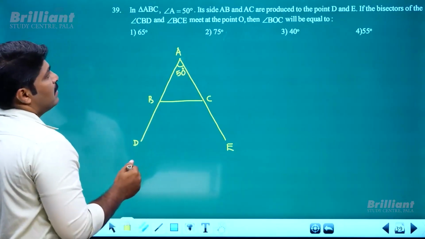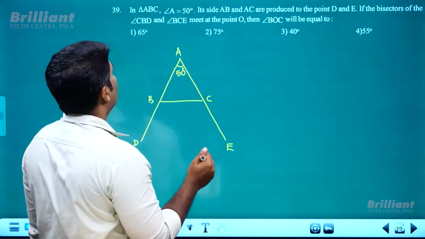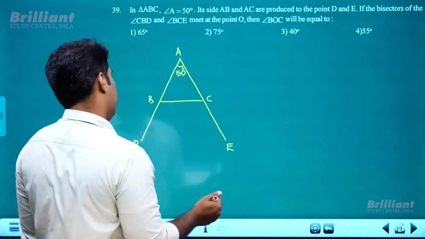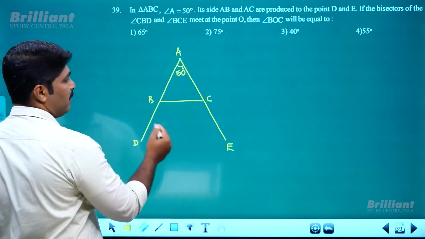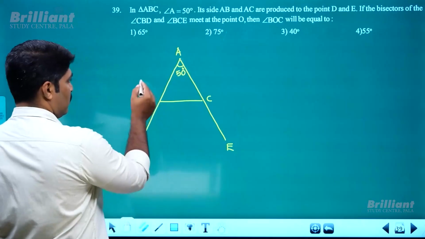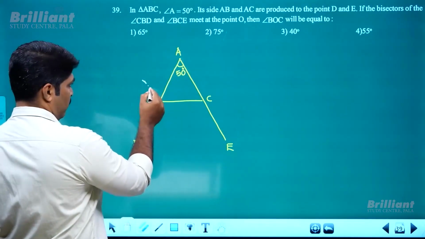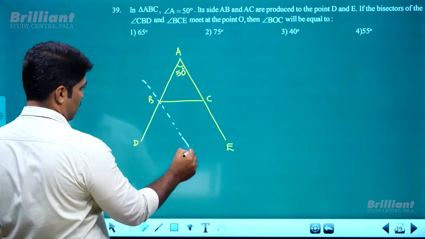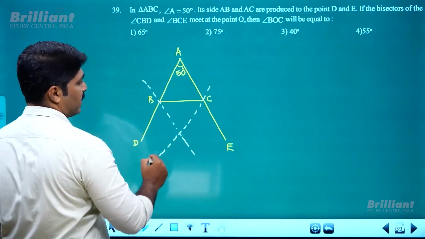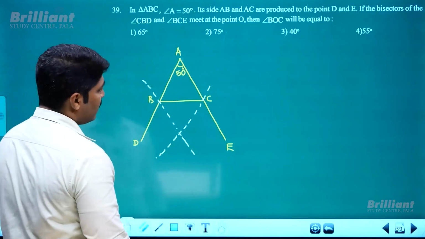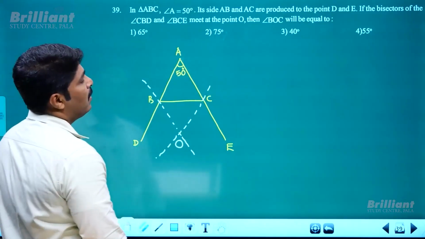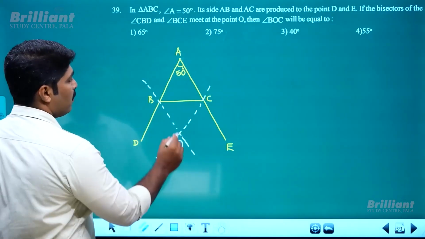If the bisectors of the angles CBD and BCE meet at the point O, we can draw this angle's bisector like this, and this angle's bisector like this. These two bisectors meet at the point O. We have to find angle BOC.